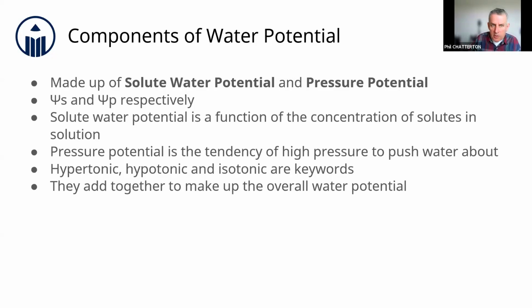So solute water potential and pressure potential add together. They're just purely additive to give the overall water potential of a particular cell, for example. So this is the equation that the IB has given you to learn. It's just two components of water potential that add together to give you the overall water potential.